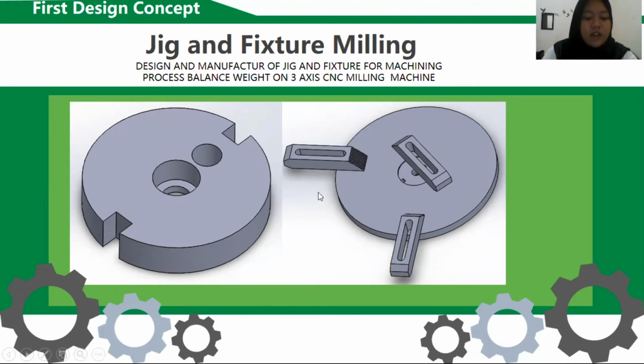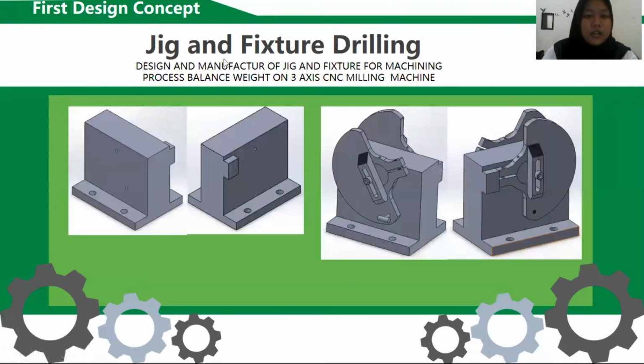Jig is strong enough, material is cheap, easy jig operation, fast time estimation to make the jig, easy to repair, but the jig is not used for maximum machine speed. Jig and fixture drilling: simple design, strong jig, material is cheap, easy jig operation, fast time estimation to make the jig, but hard to repair.